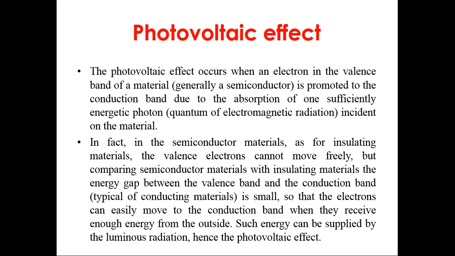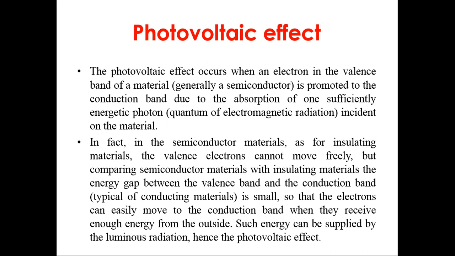The photovoltaic effect occurs when an electron in the valence band of the material, generally a semiconductor, usually silicon, though other materials are available for photovoltaics, is promoted into the conduction band due to the absorption of one sufficiently energetic photon, that is a quantum of electromagnetic radiation incident on the material.